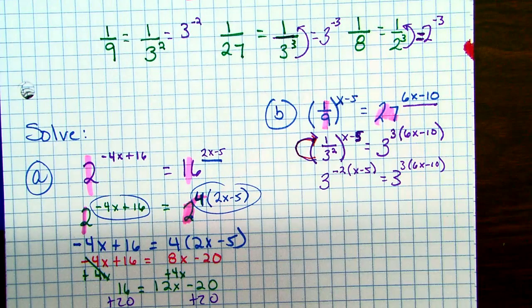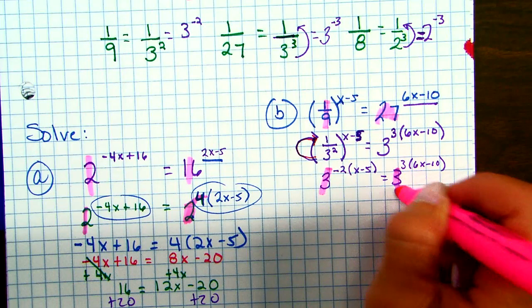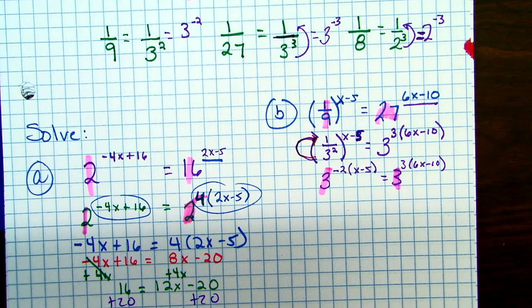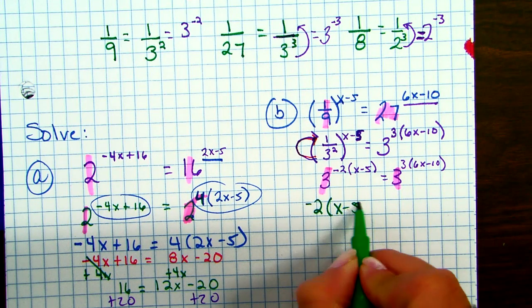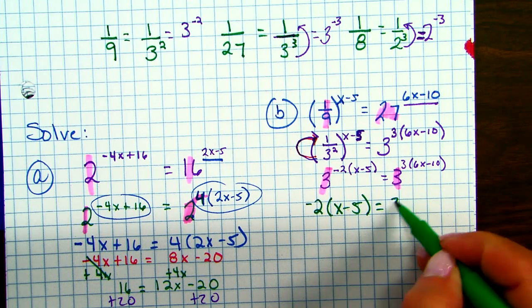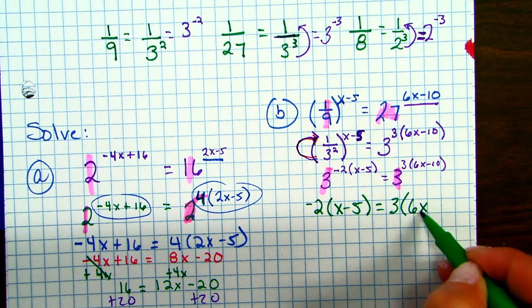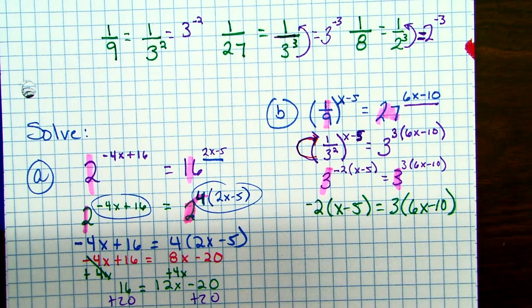Now that our bases are the same, we can just solve for x in the numerators. So I have -2 times x minus 5 equals 3 times 6x minus 10. Distribute.